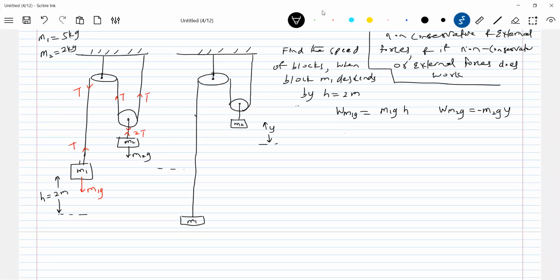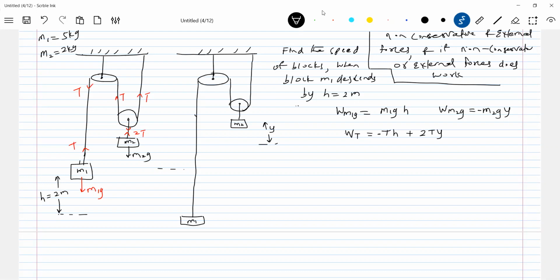It does negative work. Work done by the tension on the block M1 is minus T into H. It does negative work. And the same tension does positive work on the block M2. This is 2T into Y.